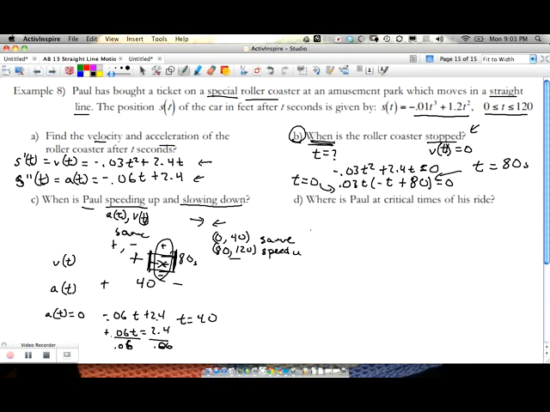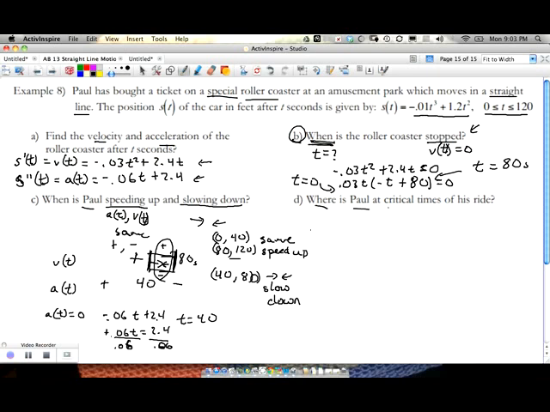But over the interval from 40 to 80, we are opposites, so we're slowing down. It's kind of an advanced thing, but hopefully you guys are keeping up with that: looking at velocity and acceleration, when they're positive, negative, the same, or opposite.